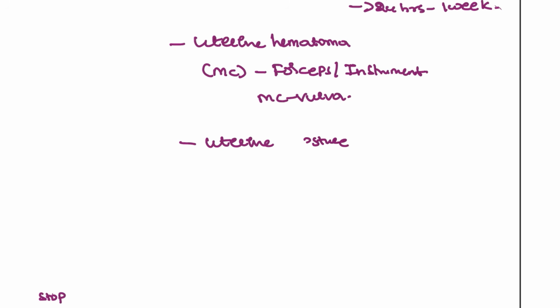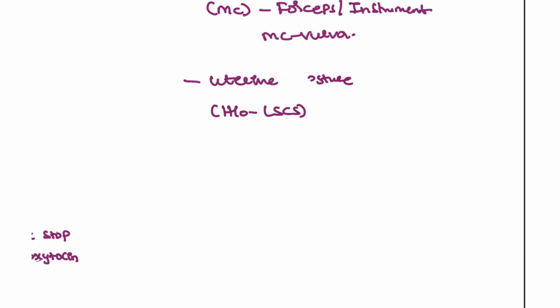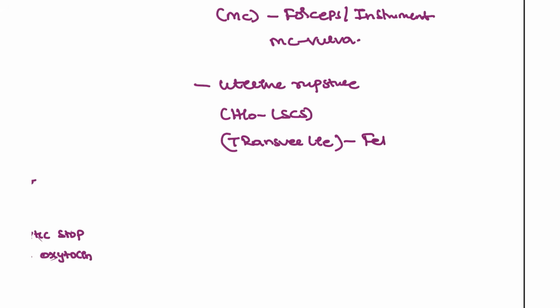The other one is uterine rupture. In uterine rupture patients, there is obviously a history of previous LSCS. Suddenly there is tension in the abdomen, so fetal bradycardia will be seen, and the maternal vitals will suddenly be disturbed.